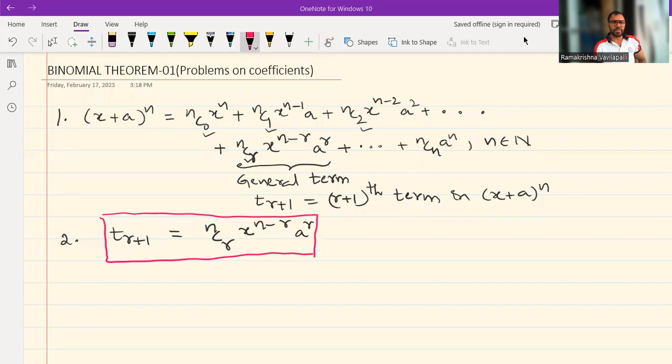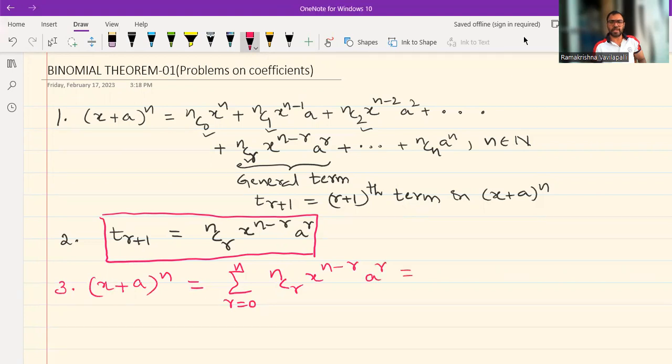So therefore, we can write the binomial expansion (x + a)^n equals this entire sum, which I will write in sigma format: sigma r equal to 0 to n, there are n plus 1 terms, this general term nCr x^(n-r) a^r.